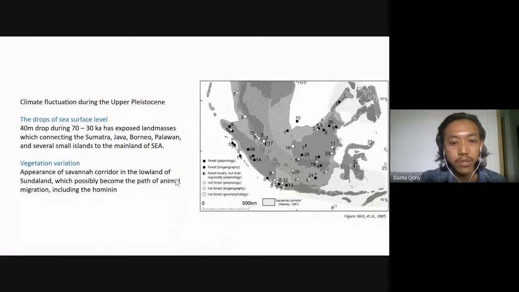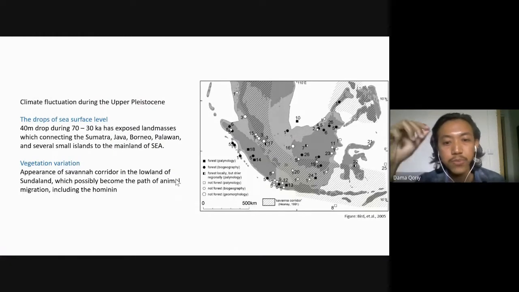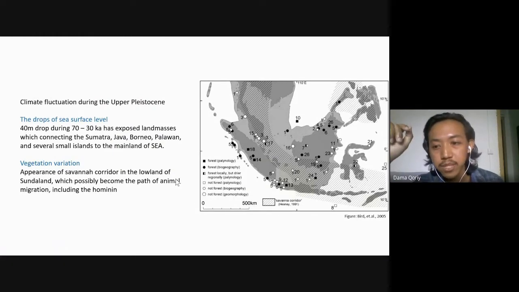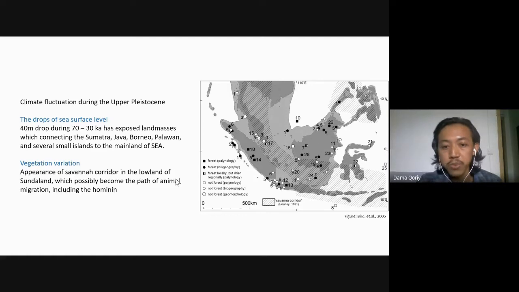What happened during this period is there is a fluctuation in the environmental condition. This condition could be a major factor that determined the human dispersal to this region.